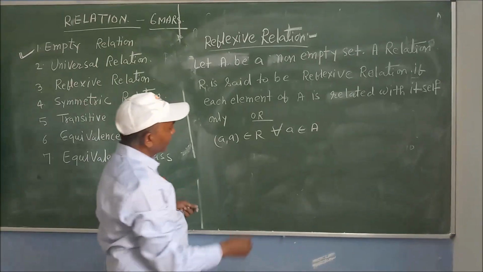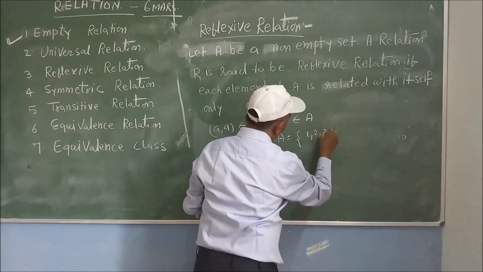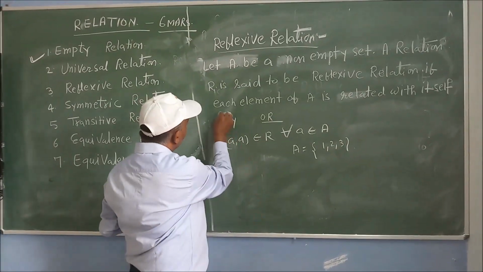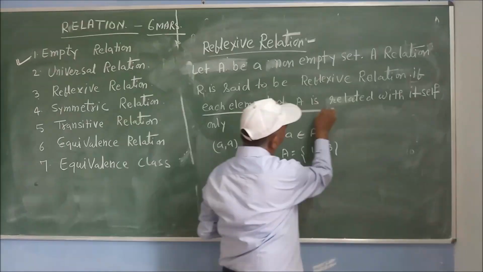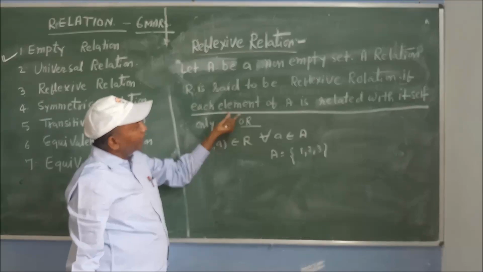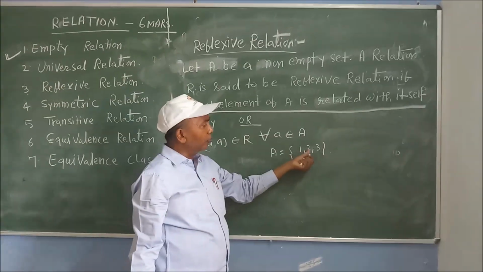See here is a set A and its elements are 1, 2, 3. So what is the meaning of reflexive relation? See here, last line, each element of A is related with itself. A का प्रत्येक एलिमेंट स्वयं के साथ रिलेटेड हो. A का एलिमेंट क्या क्या है? 1, 2, 3.